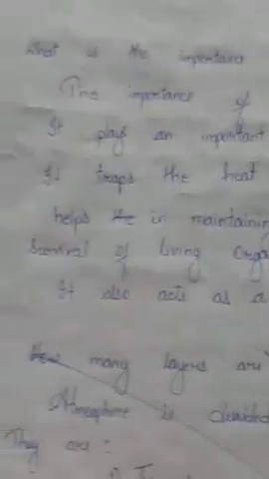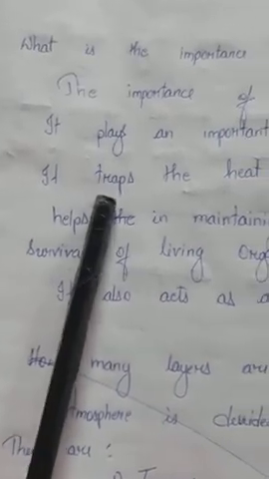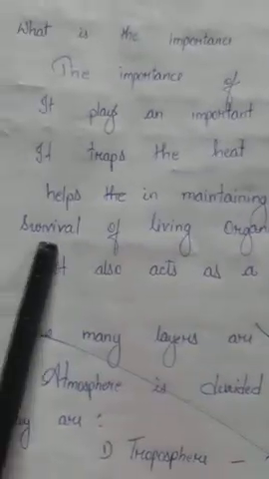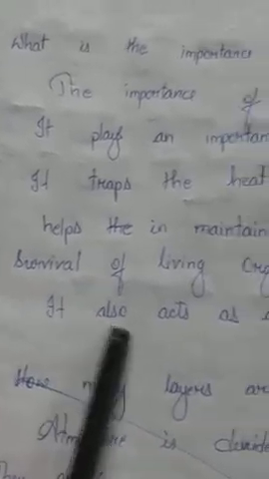B, it traps the heat of the sun and helps in maintaining the right temperature for the survival of living organisms on the earth. Point C, it also acts as a protective blanket. Okay, only that much for today.